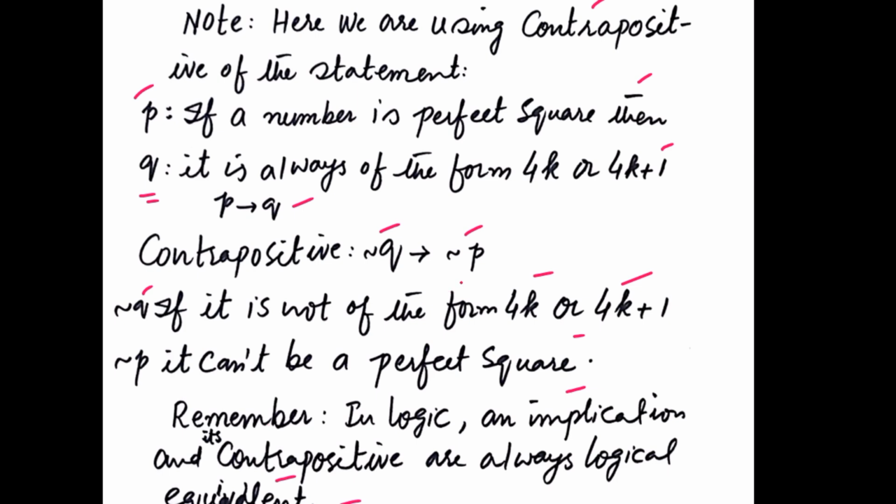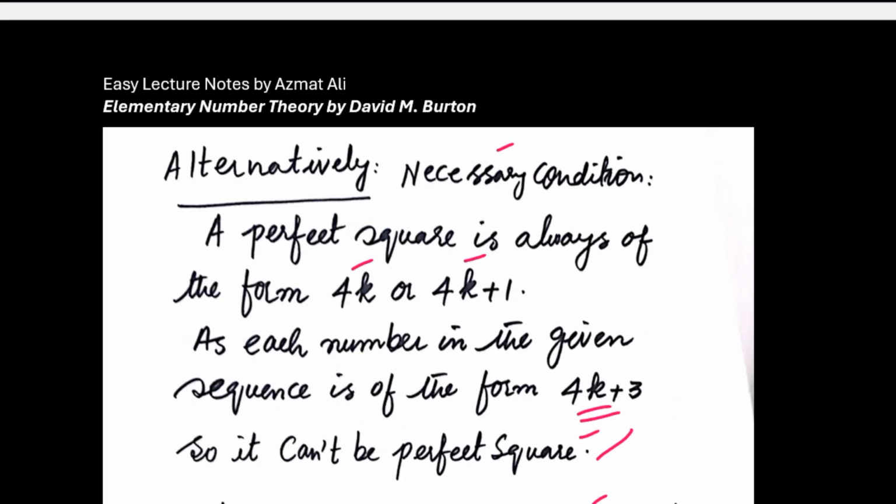So this shows that if it is not of the form 4k or 4k plus 1, then it cannot be a perfect square. That is what we have done in this question. As the number has the form 4k plus 3, that is not of the form 4k or 4k plus 1, so it cannot be a perfect square.